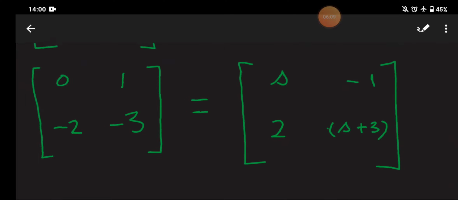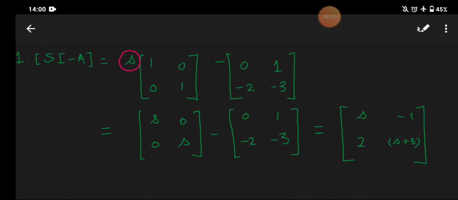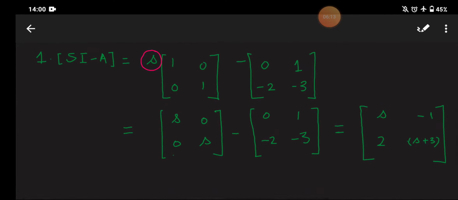Likewise, we have determined in our first step what sI minus A is. So sI minus A will be the matrix s, minus 1, 2 and s plus 3.